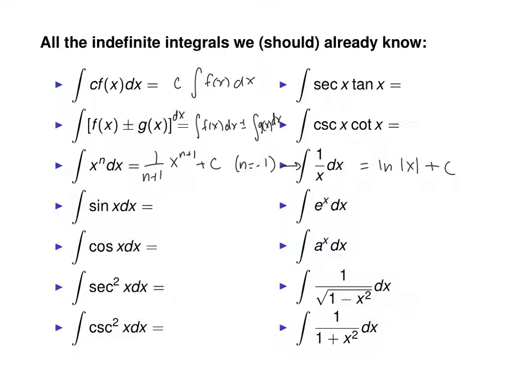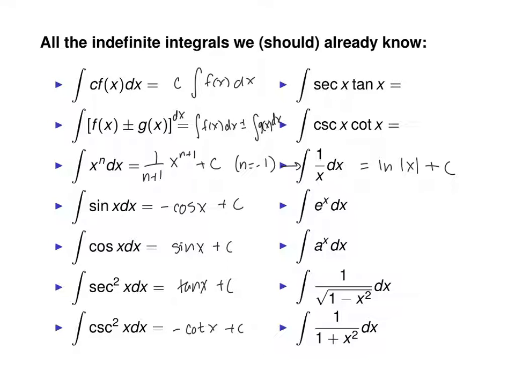So antiderivative of sine, is it cosine? It'd be negative cosine. How about antiderivative of cosine? Just plain old sine. Tangent, cosecant squared. Almost.